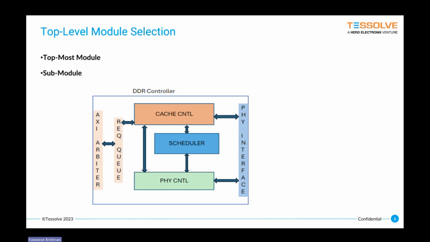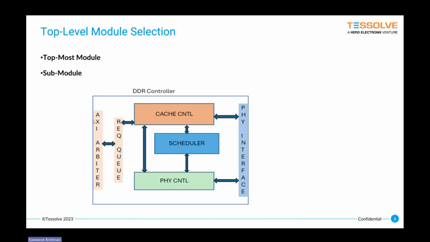For a cache miss AXI request, it generates a DDR memory access request. The scheduler schedules the type of request, like DDR write request, read request, and DDR refresh request, with priority. The memory controller manages the physical interface between the DDR controller and the DDR memory.